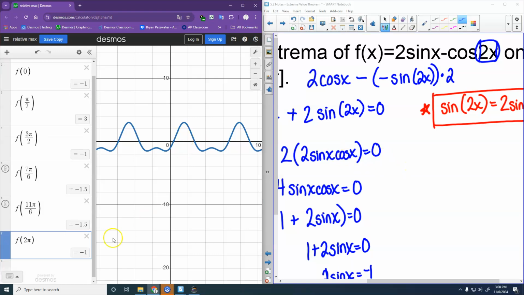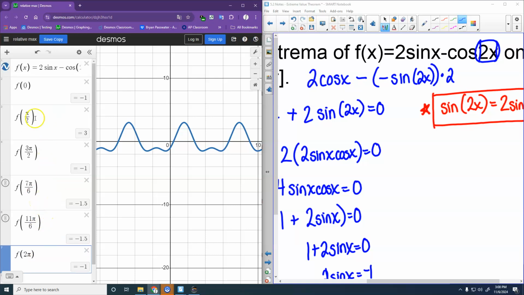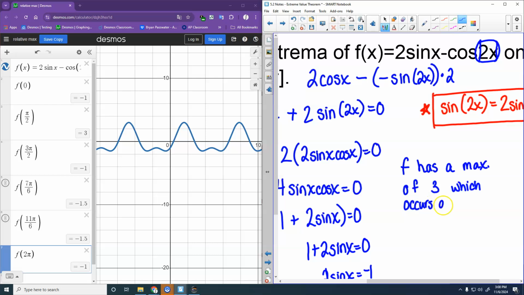Okay. What is the highest number that I get there? At pi over 2, 3. So I could say f has a maximum of 3, which occurs at x equals pi over 2.